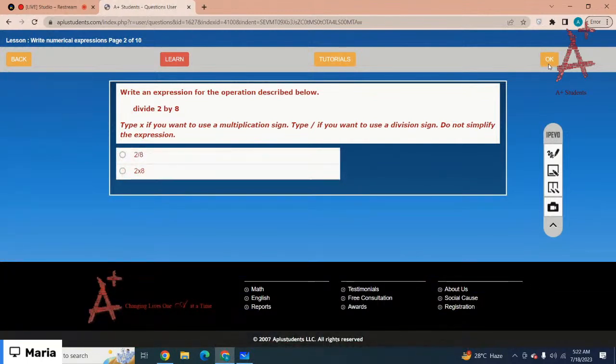Okay, the next one is write an expression for the operation described below. Divide 2 by 8. So which is the correct option? Option number 1 is the correct option.